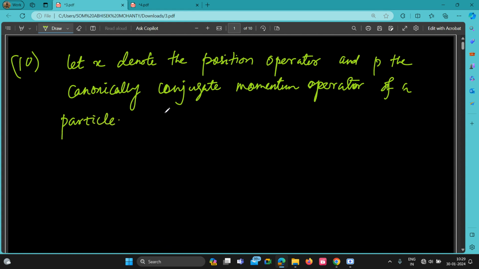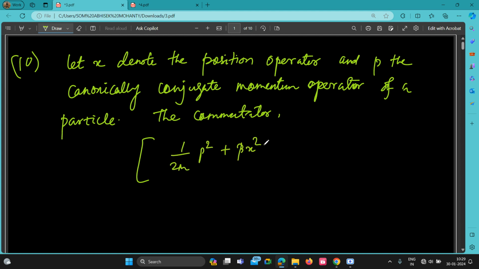The commutator of p squared by 2m plus beta x squared with p squared by m plus gamma x squared is 0 if.